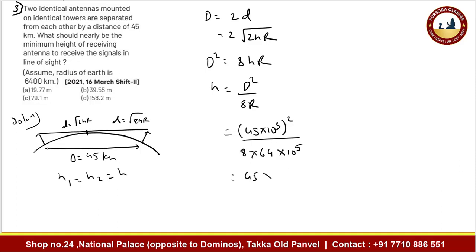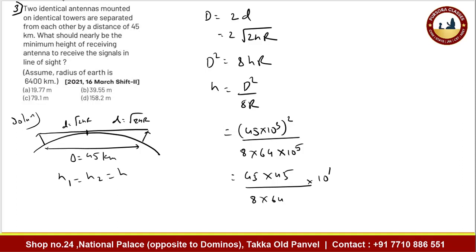So this will be 45 into 45 upon 8 into 64 into 10 to the power. So 3 to the 6, 5 become numerator, become minus 5. So this will be 5 minus 6, or 6 minus 5, sorry, 1.